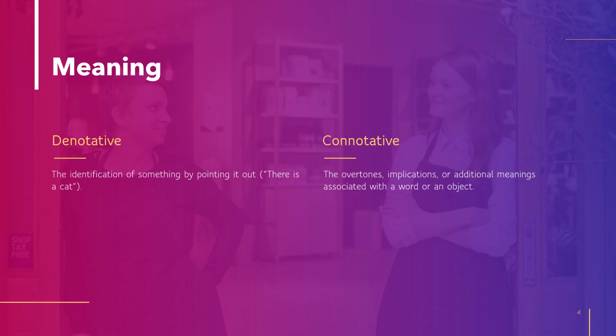Now, when we talk about meaning of words, there are 2 ways we connect meaning to words. There's the denotative, which is essentially the direct definition. You see a cat, you point out that is a cat. Cat's a cat. Connotative is the way we draw implications and meanings from something.